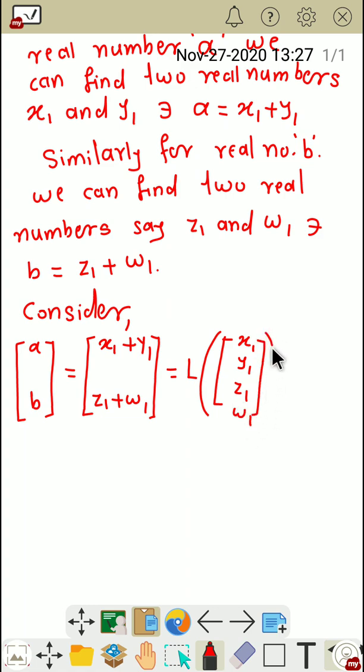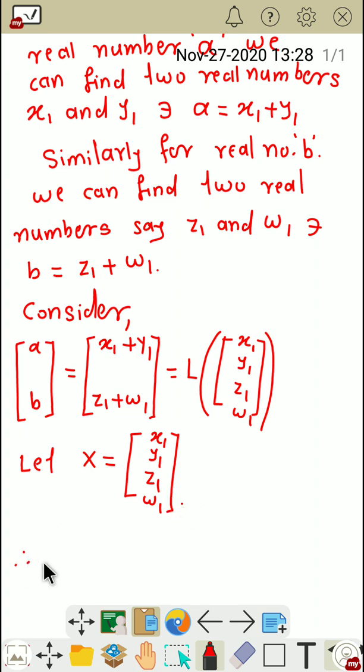So let x be equal to the vector (x1, y1, z1, w1).